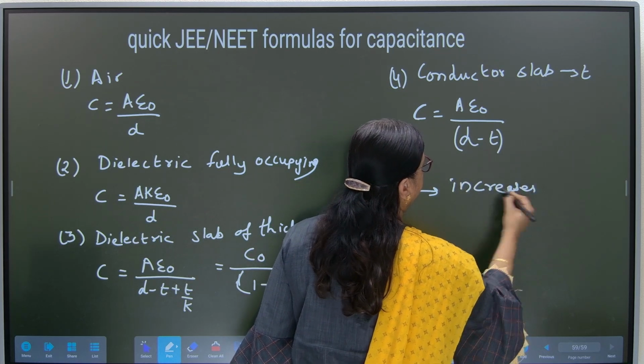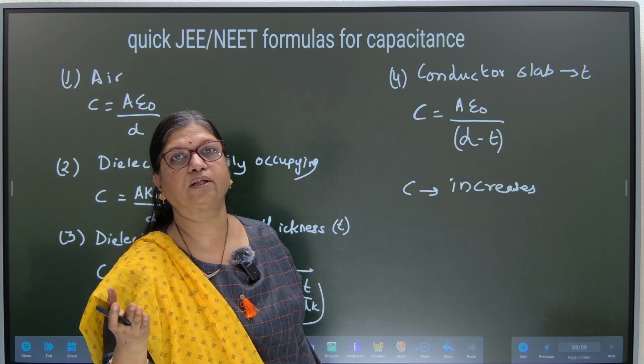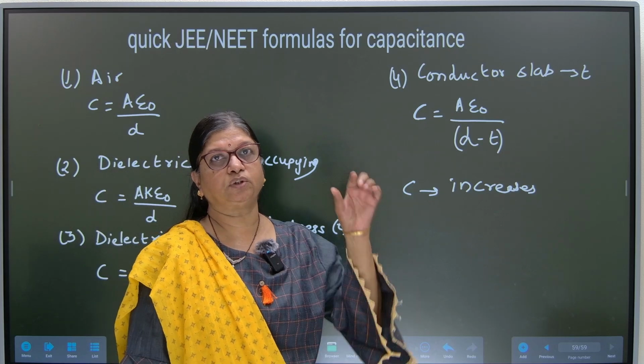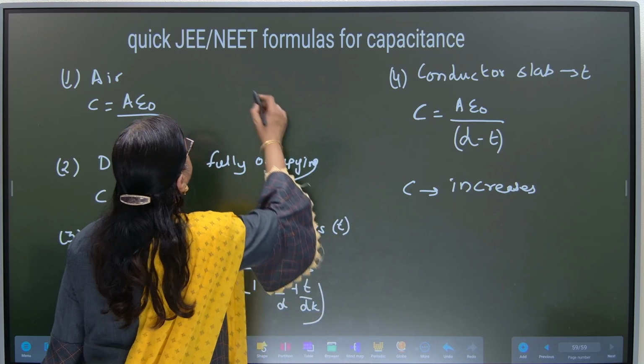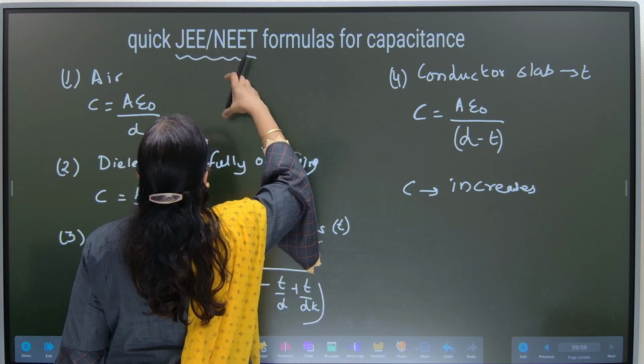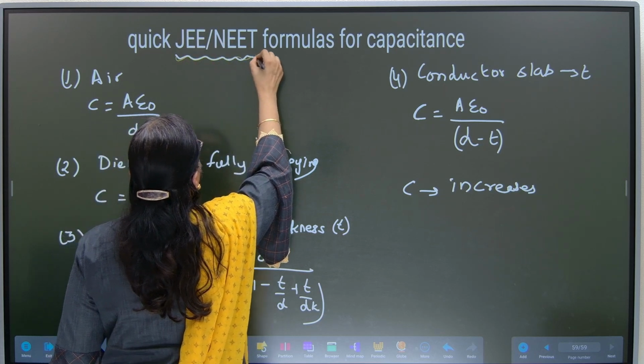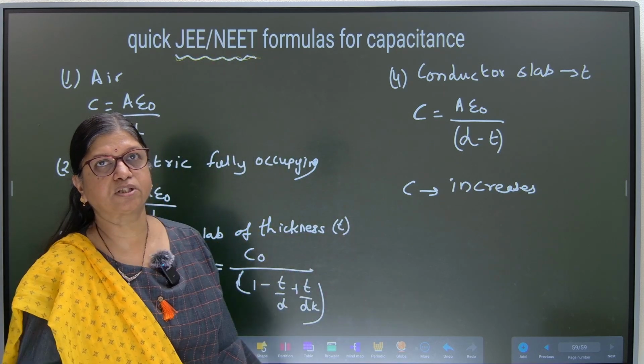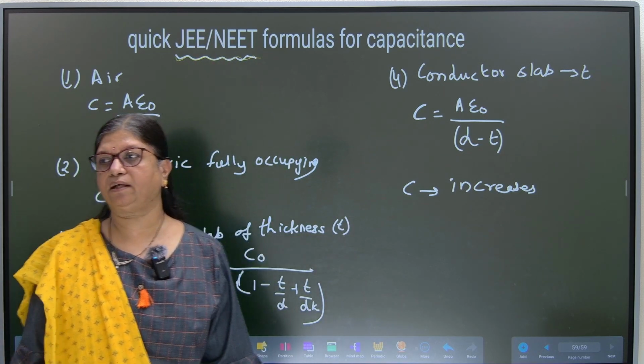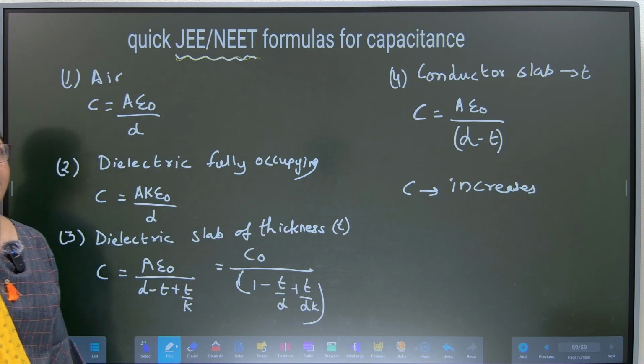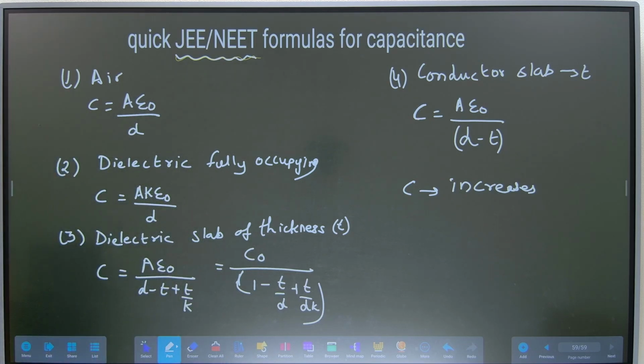That's why we have placed the dielectric or the conductor. Fine. So these are quick points to be revised for the entrances like JEE and NEET. Okay. So take a pic and understand when to apply what. Fine.